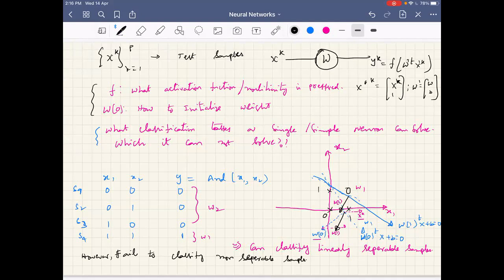Even if we consider other than threshold activation function, still what will happen? All W transpose X plus B, if it is higher, is put into one class, or lesser will be put into another class. Because of that, this F, as we will see later, has the property of a monotonically increasing function.